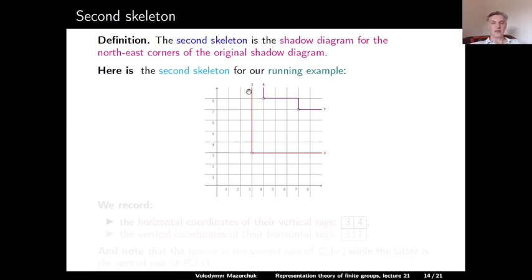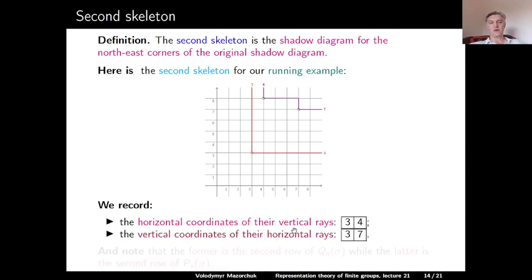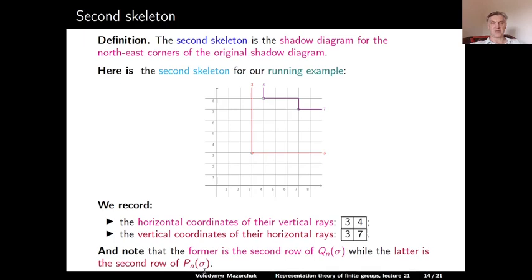We get 2 shadow lines, one containing (3, 3), and the other one containing (4, 8) and (7, 7). So let us record that the horizontal coordinates of the vertical rays of these 2 shadow lines are 3 and 4, and the vertical coordinates of the horizontal rays of these 2 shadow lines are 3 and 7. And these coincide exactly with the second rows in Qn of sigma and in Pn of sigma, respectively.